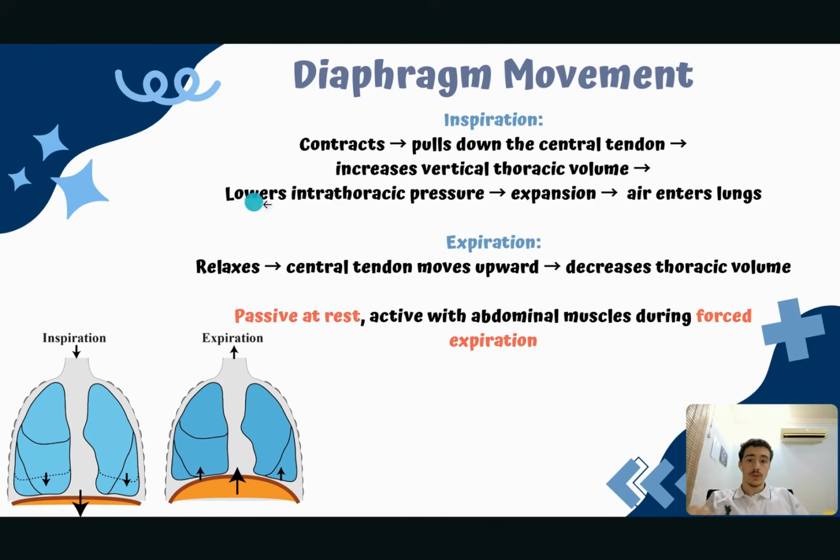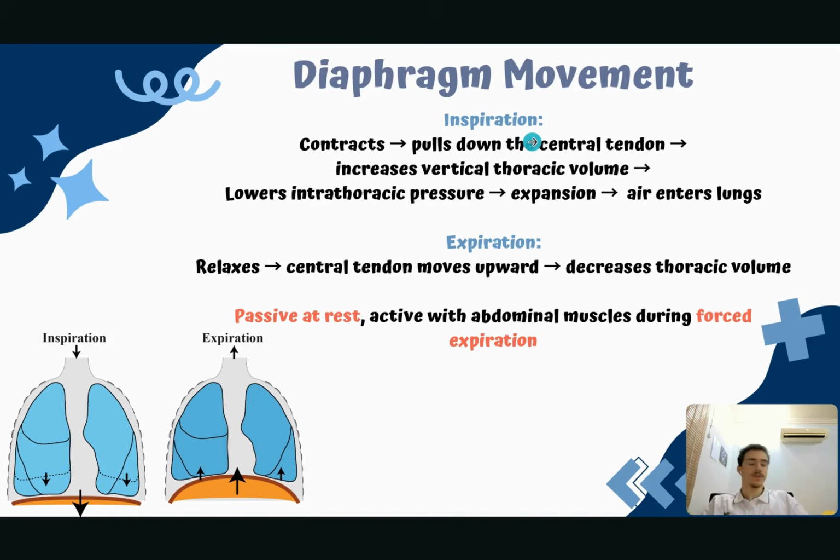So the intrathoracic pressure is lowered, which means the lungs expand and the air goes inside. So by contracting, the diaphragm goes down, the volume increases, the intrathoracic pressure lowers, the lungs expand, and the air goes in.